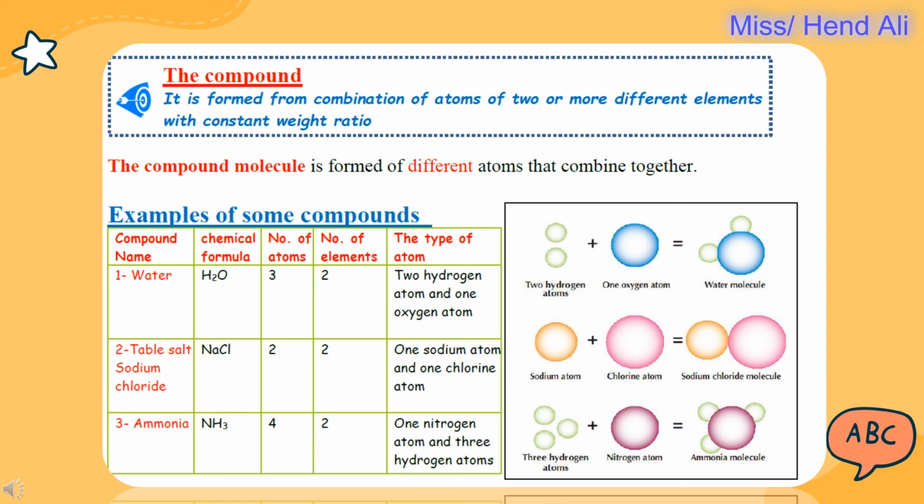So we have 4 atoms. Number of elements, 2. Why? The 3 hydrogen atoms are considered as one element, and 1 nitrogen atom, so we have 2 elements. The type of atom in ammonia, 1 nitrogen atom and 3 hydrogen atoms. Okay, that's all for the compound.